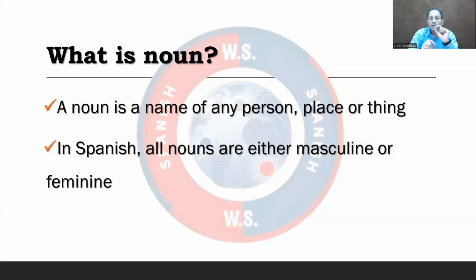Simple solution, refer to the dictionary. Whenever you come across a new noun, check it in a dictionary, and you will come to know whether it is masculine or feminine.